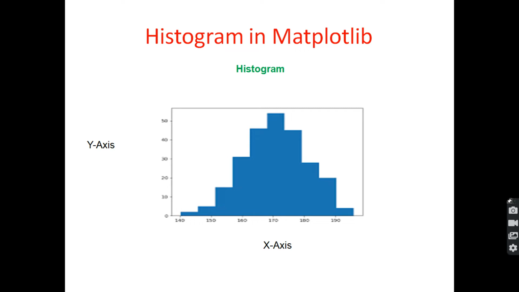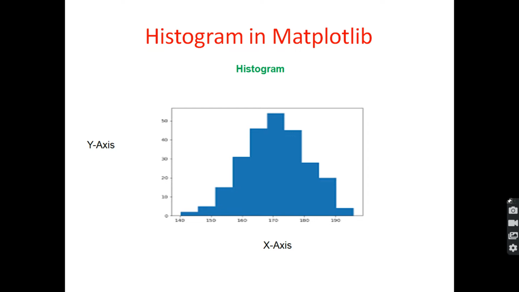Histogram is a graphical representation that organizes a group of data points into a specified range. Histogram shows the visual representation of data distribution.